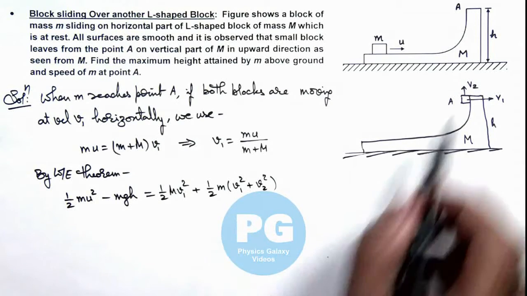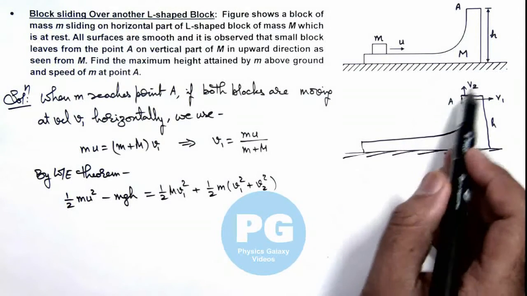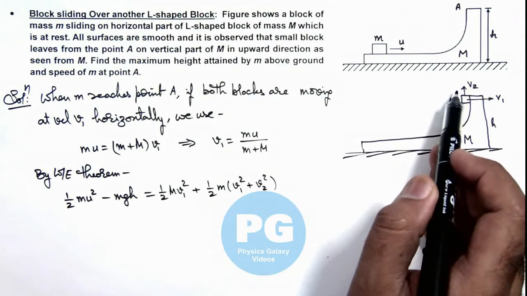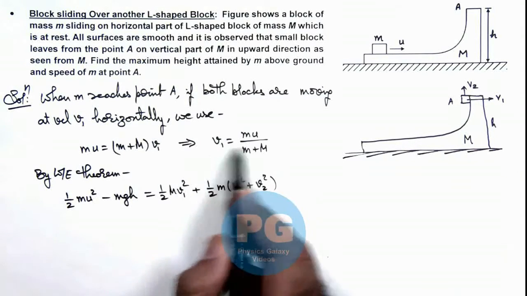So to find the maximum height above the ground level, we need to calculate the value of v2, for which we can substitute the value of v1.